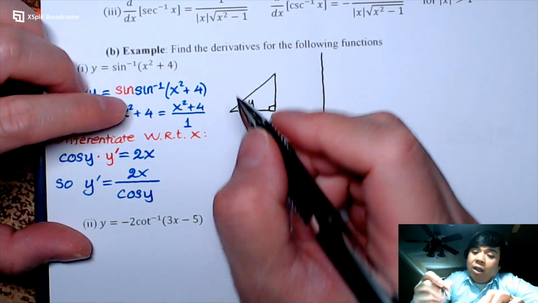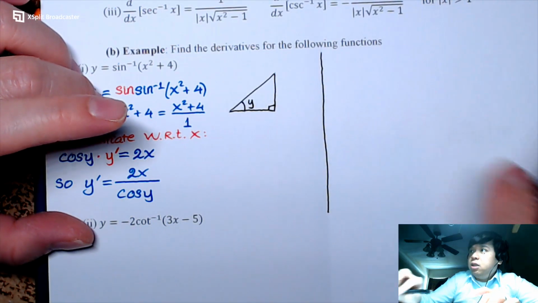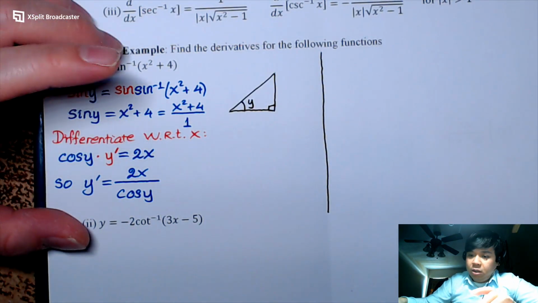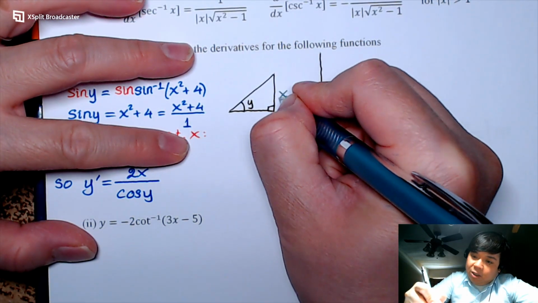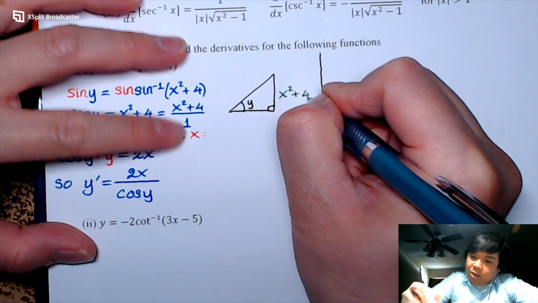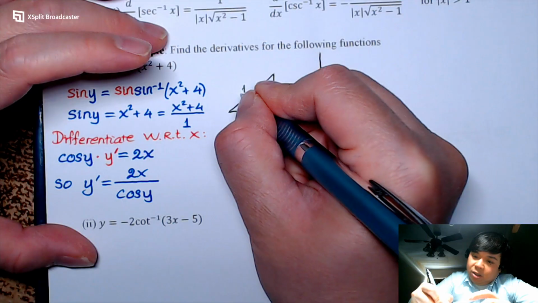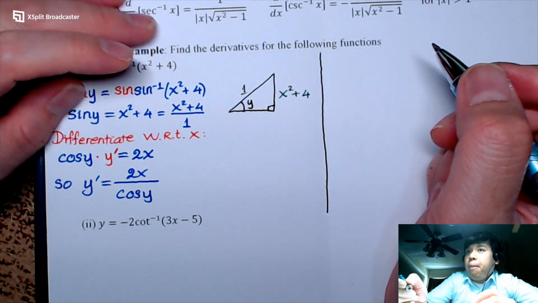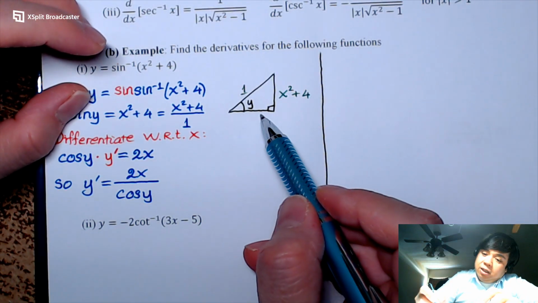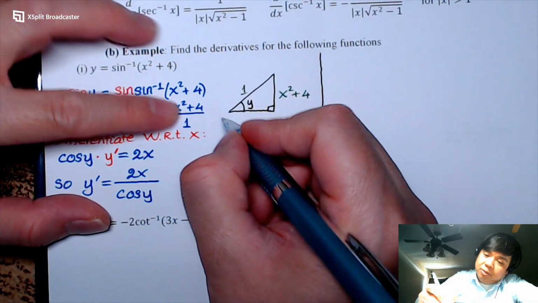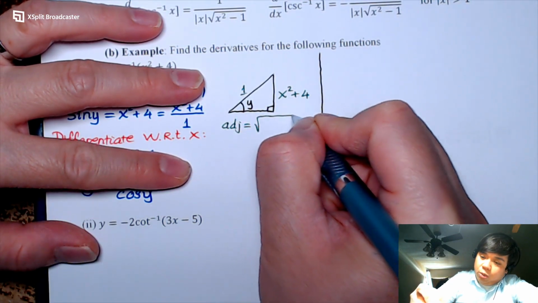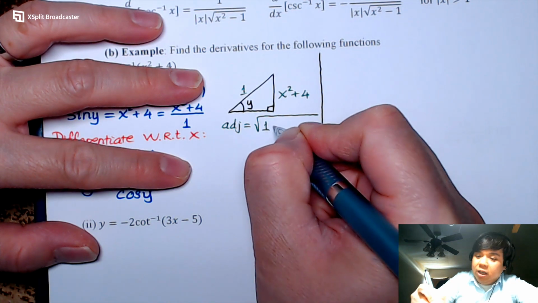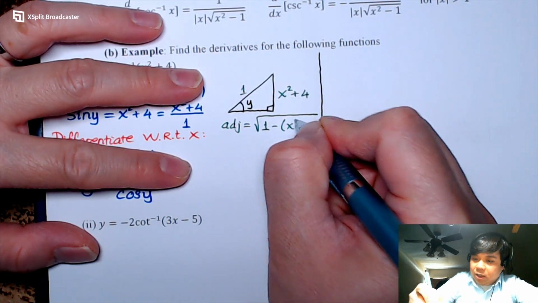Sine is opposite over hypotenuse. So with that, the adjacent is equal to the square root of 1 squared minus this squared.